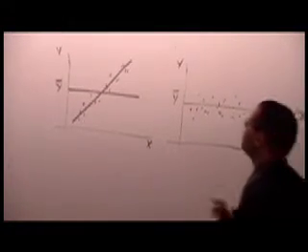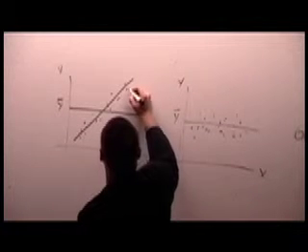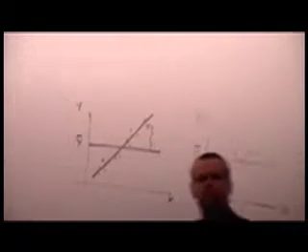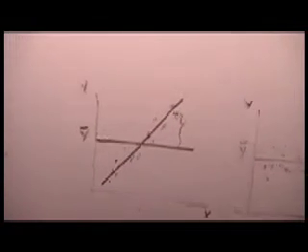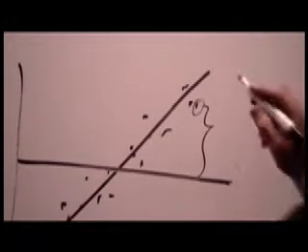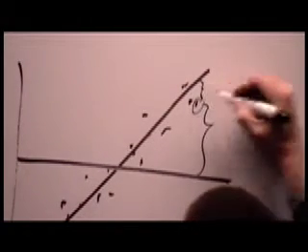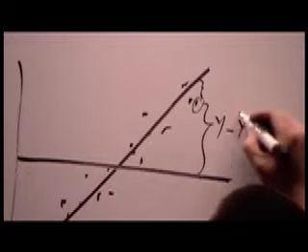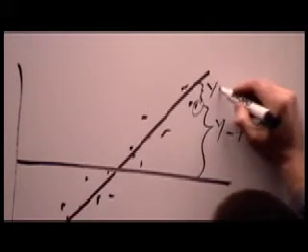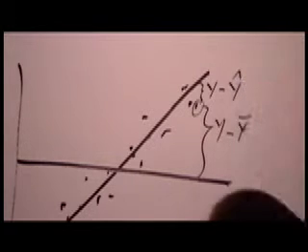We can cut these pieces up. Look at this and say, okay, this distance, that's what we would have used before, but now we're only missing by this much. So here we have y minus y bar. Here we have y minus y hat.